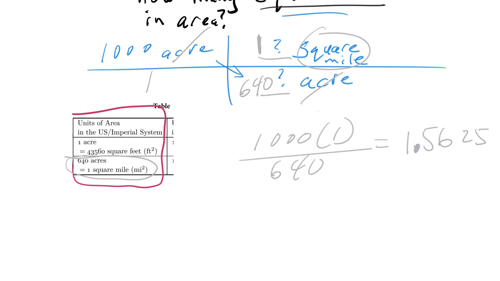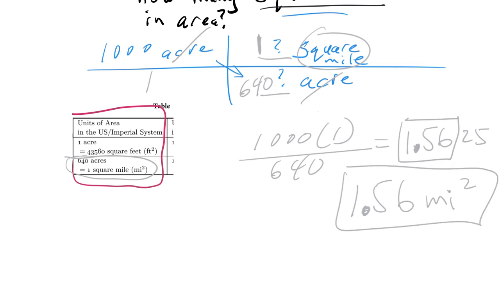Repeat, but I'm going to just round it off like money, like a price tag, $1.56, like that. So my answer would be 1.56 square miles, which I can abbreviate like that, right there.